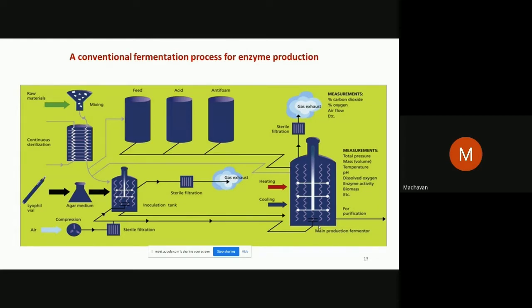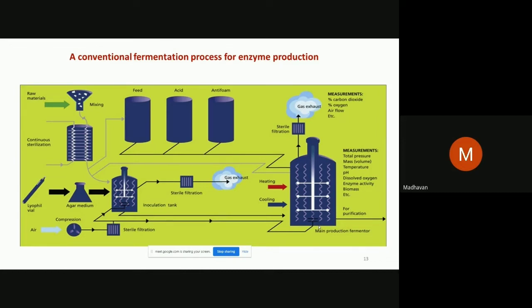You start with a lyophilized vial, or a slant of your organism from a solid agar medium, and go to the inoculation tank, where you allow the culture to grow and become viable, because they are coming from lyophilized conditions or from a solid agar medium at 4 degrees. They make the first seed for the production medium.